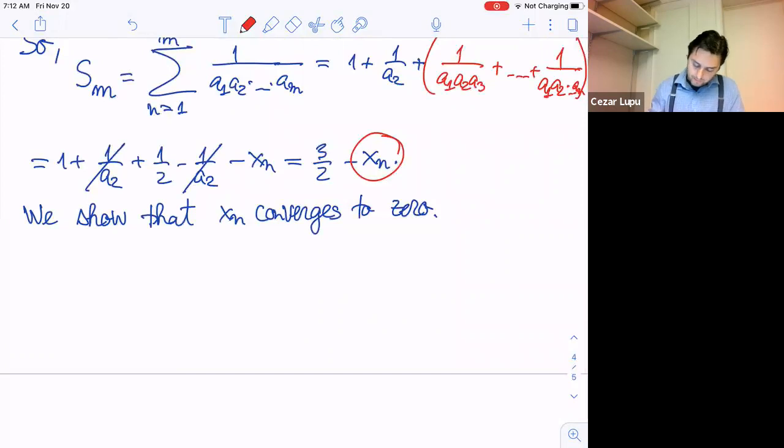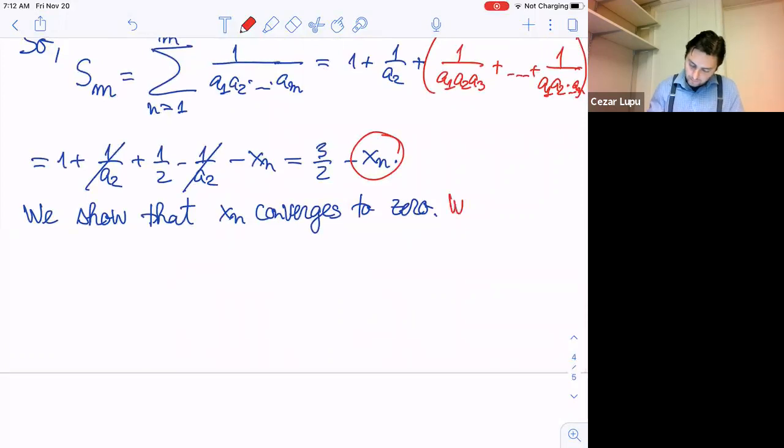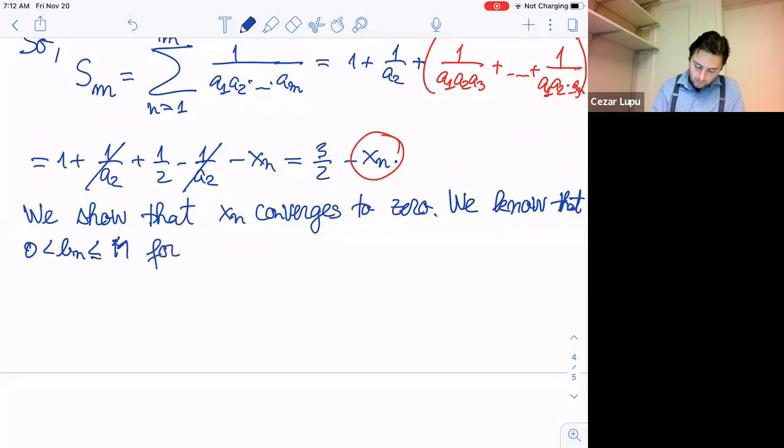We know that all the terms of the sequence Bn are positive, but also less or equal than m for some positive real m.